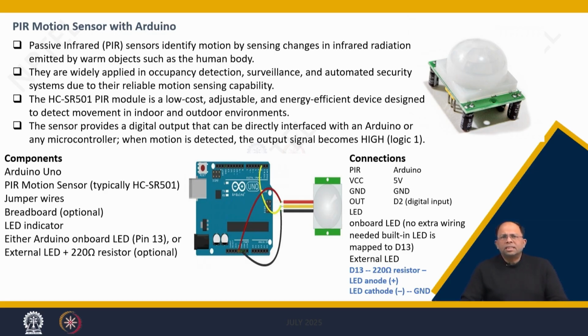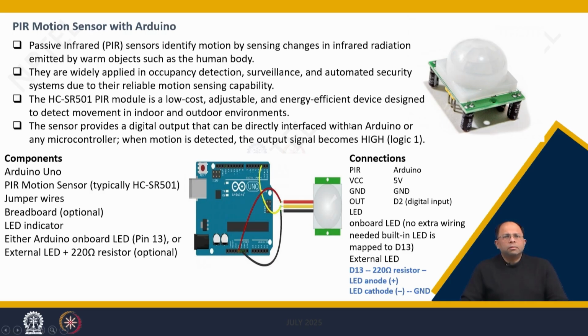It's a low-cost, adjustable, energy-efficient device designed to detect movement in indoor and outdoor environments, and you can test it for different ranges. In general, the sensor provides a digital output, and it can be directly interfaced with Arduino or any microcontroller. When motion is detected, the output signal becomes high, and when there is no motion, it would be low.